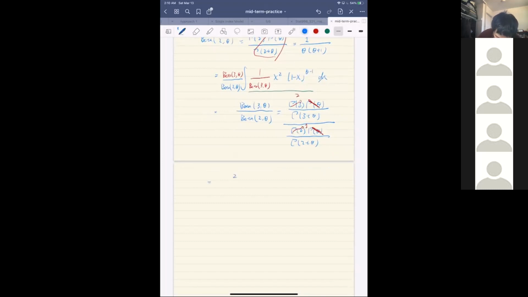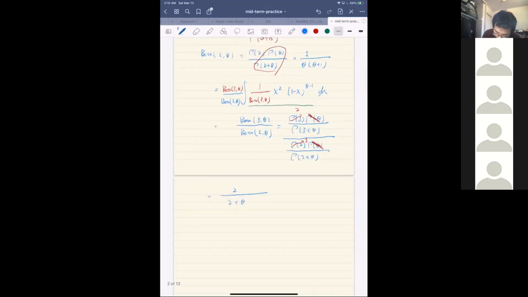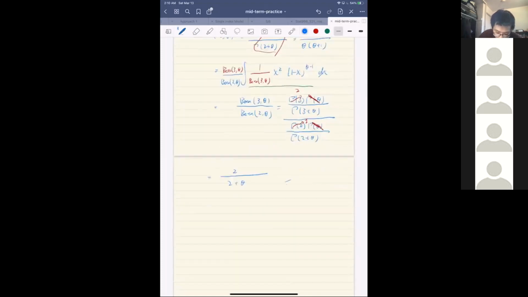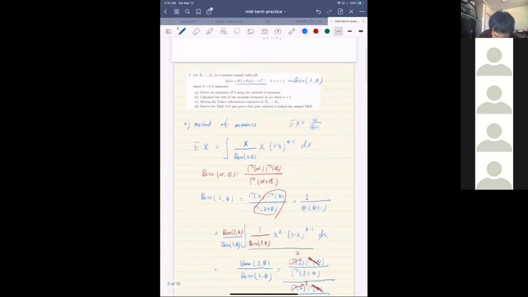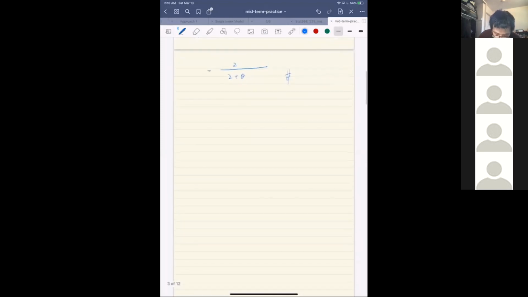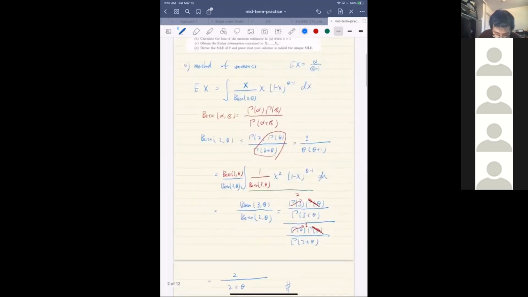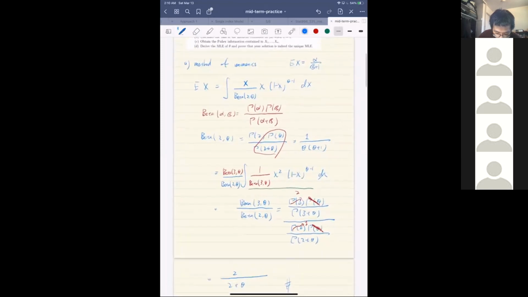So it's 2 over the ratio of these two, which is 2 plus theta. So this is the average of the beta distribution.